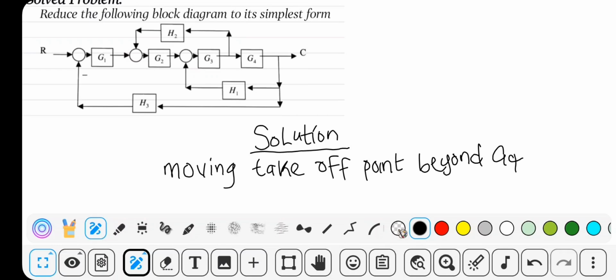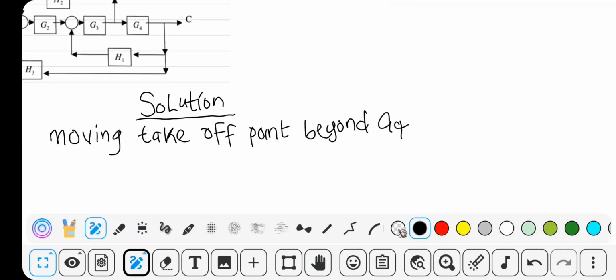Moving the takeoff point beyond G4, I'm going to be applying rule 10 and rule 1 also.